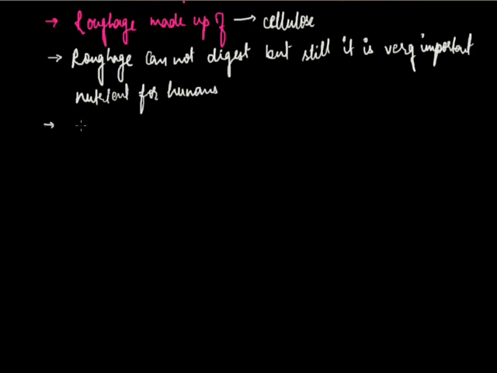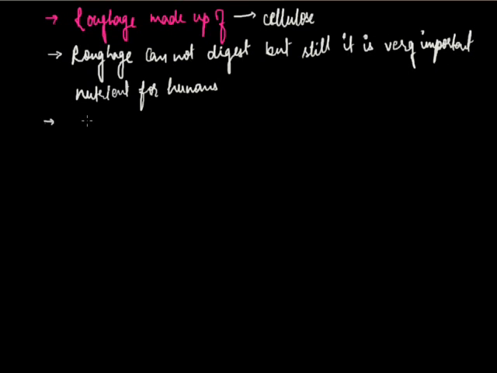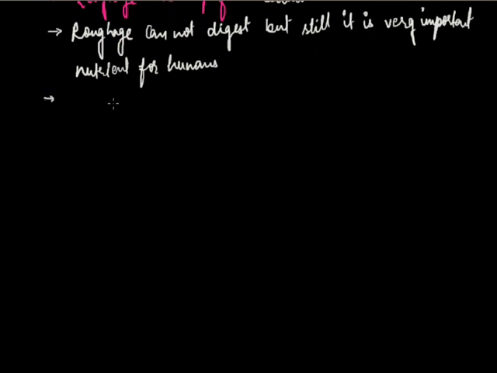But roughage can be digested by cattle like cow, buffalo, etc., because they have the cellulase enzyme, and because of the cellulase enzyme, cellulose can be digested. If we talk about human beings, roughage cannot be digested inside the human body, but still it is very important and required by humans to keep the digestive system in good working condition.